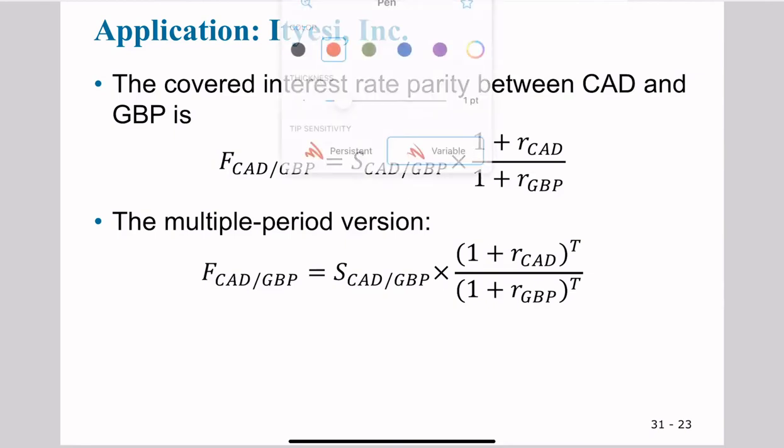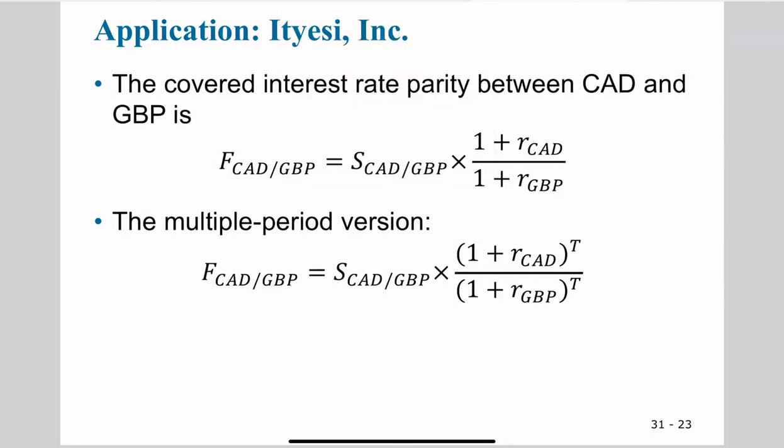And the covered interest rate parity would be quite similar, right? So here you can see that the forward exchange rate in terms of CAD per GBP equals the spot exchange rate in CAD per GBP times 1 plus the interest rate in CAD divided by 1 plus the interest rate in GBP.